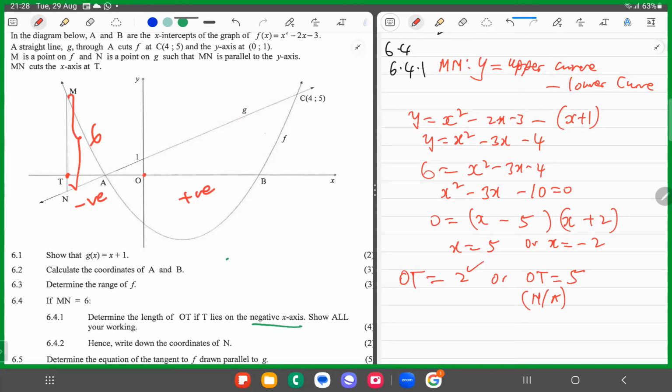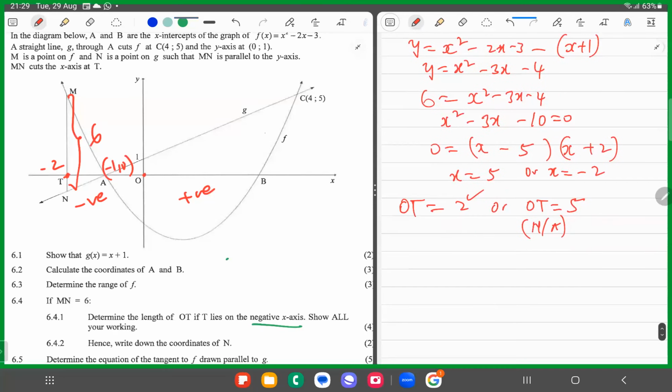Only 2 units, because we know the coordinates of A are -1 and 0, and this is just a little bit extra, so it is at -2, making OT 2 units.